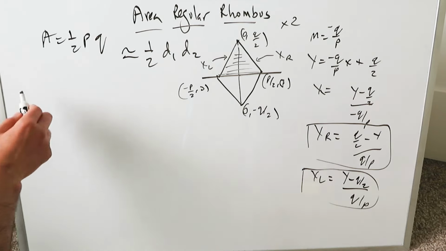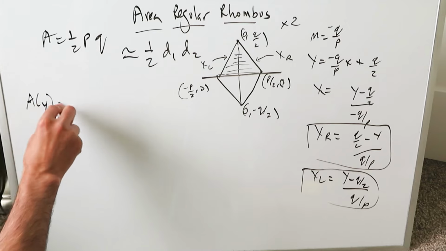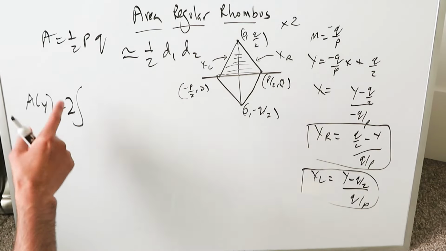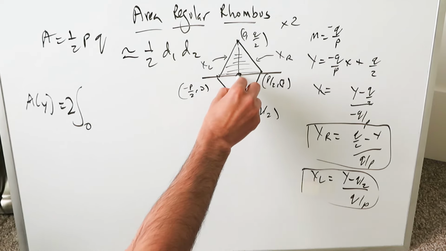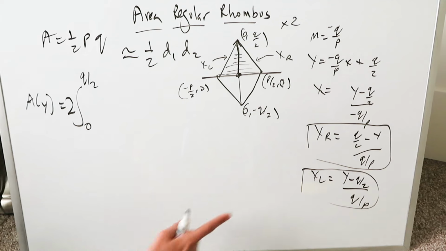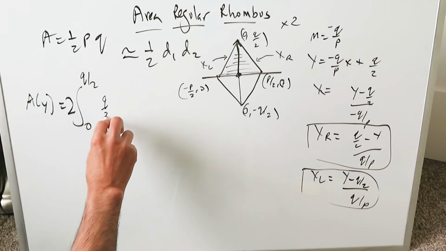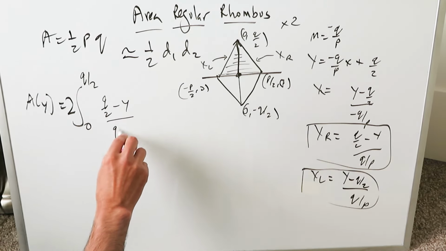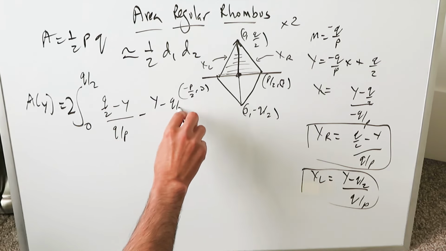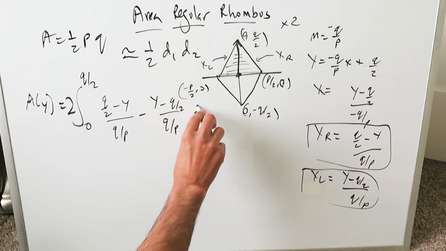So let's develop our area integral. Area with respect to y is equal to, I'm bringing in the 2 right now, 2 times the integral from 0 up to this height right here, Q/2, of your right boundary curve, (Q/2 - y) divided by Q/P, minus your left boundary curve, (y - Q/2) divided by Q/P, dy.